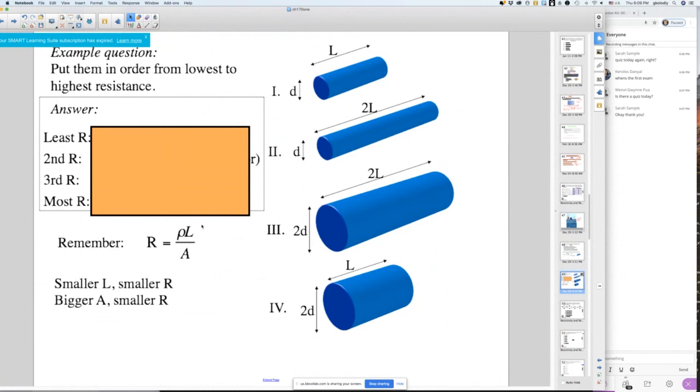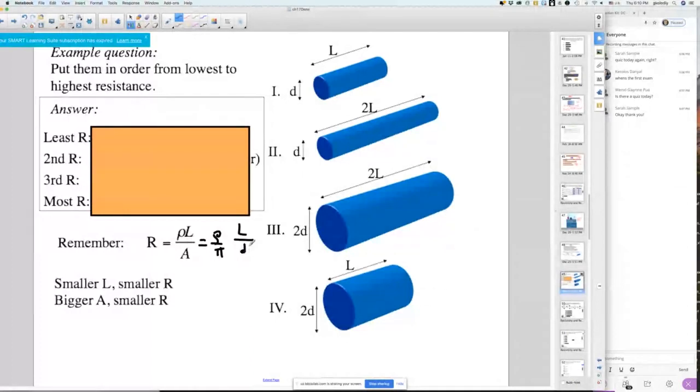Now, we don't need to use the whole formula here, because basically what the formula tells us is that R is equal to rho, which is the same for all these wires, divided by the area, where we know the area is pi r squared, pi (d over 2) squared. This is the diameter. So I'm going to take the pi out.